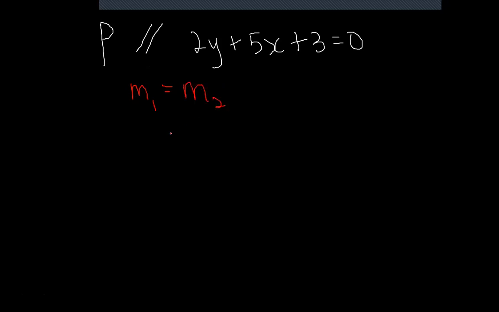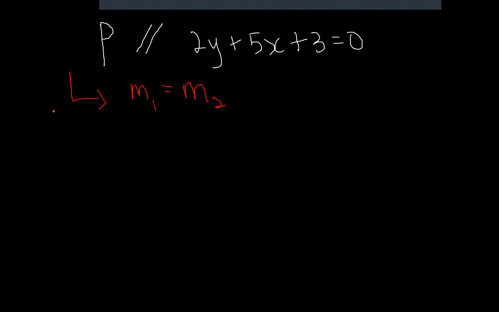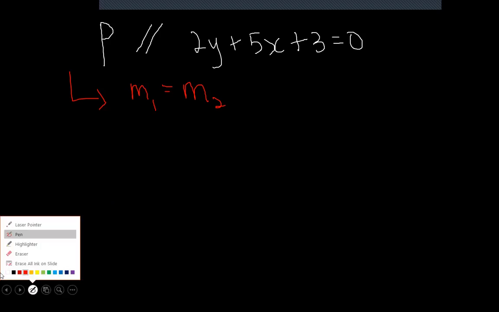Remember that, right? We already know that if lines are parallel, the gradients are equal. And you already knew this, right? See, using what you already know, even the most complex questions become simple.